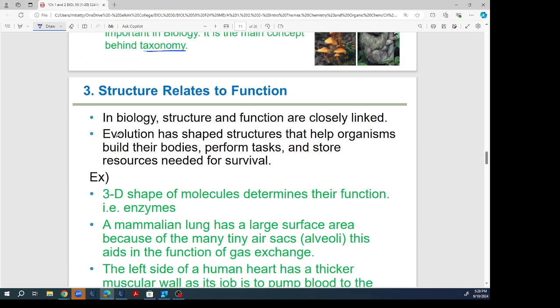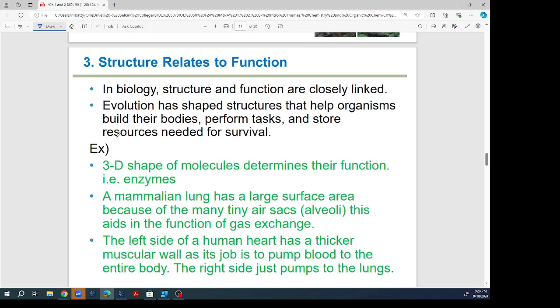Okay, so the third theme here is form and function, or structure relates to function. If you've ever had anything to do with design, and even if that's designing a kitchen or even working in a kitchen, most of us have rented places with terrible kitchens, or the students are actually talking about setting up their own kitchen when they're camping.